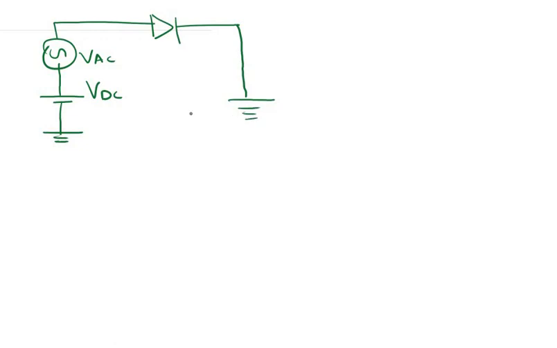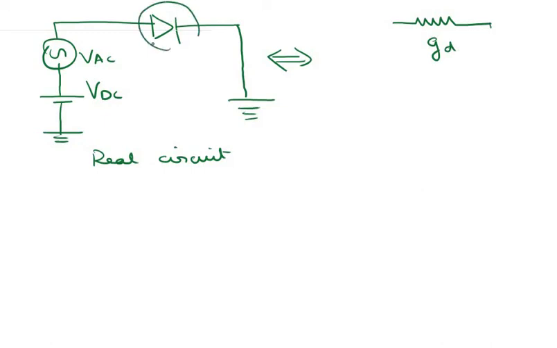So this is the actual circuit, and when we replace it with the small signal AC model, this diode becomes a conductance equivalent to the small signal AC conductance or the diffusion conductance GD, and this end of the diode is grounded.